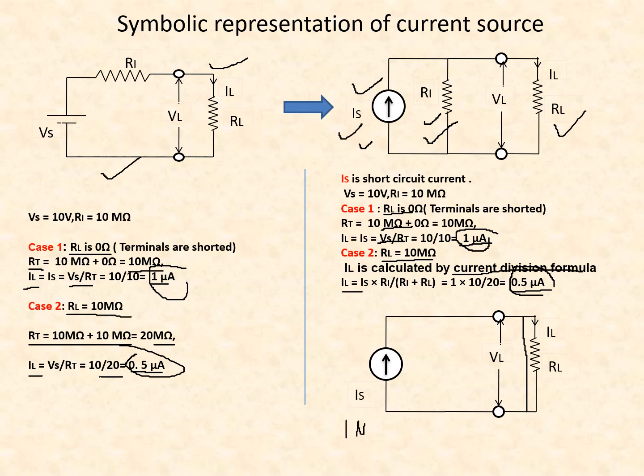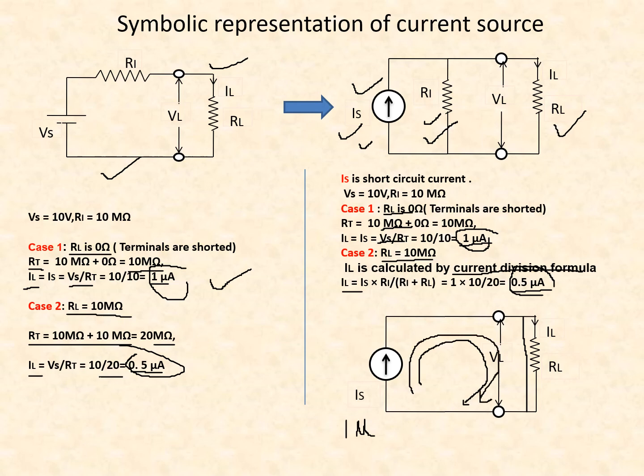Now when Is is 1 microampere, now this current is flowing through this circuit. So through RL, when it is shorted, my current is 1 microampere. So this condition is satisfied. Now make RL is equal to 10 mega. When RL is 10 mega ohms, current Is is 1 microampere, still current flowing in RL is 1 microampere only.